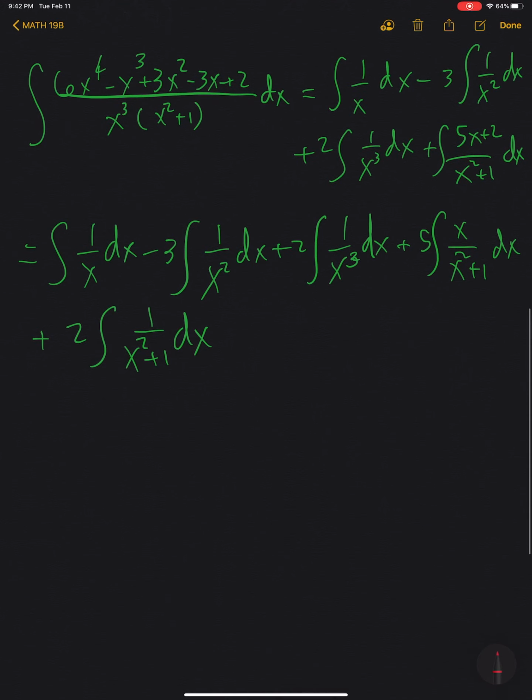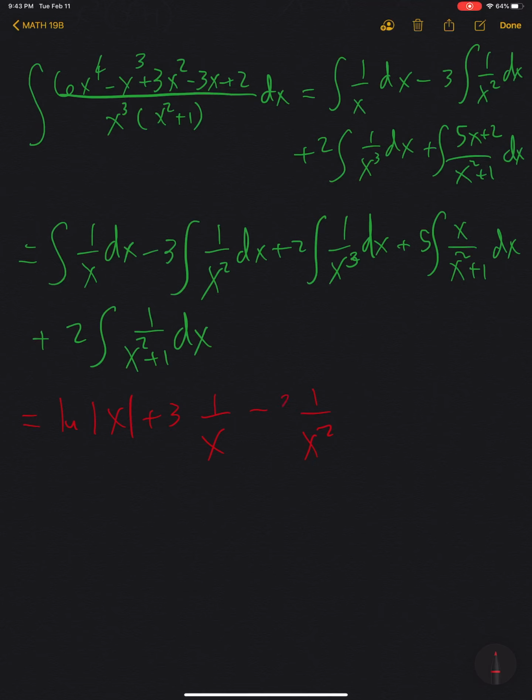So this gives me the first one to be natural log of x. The second one would give me plus 3 times 1 over x. So that is a power rule. Notice that the sign changes because the power is negative. The next one should be minus 1 over x squared.